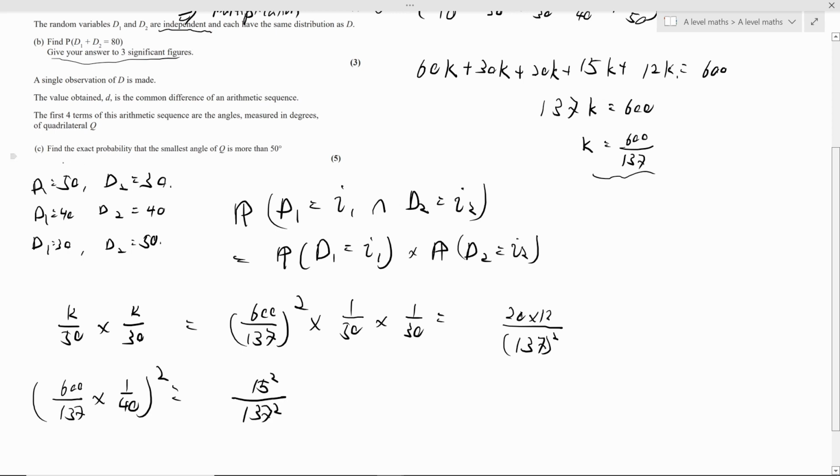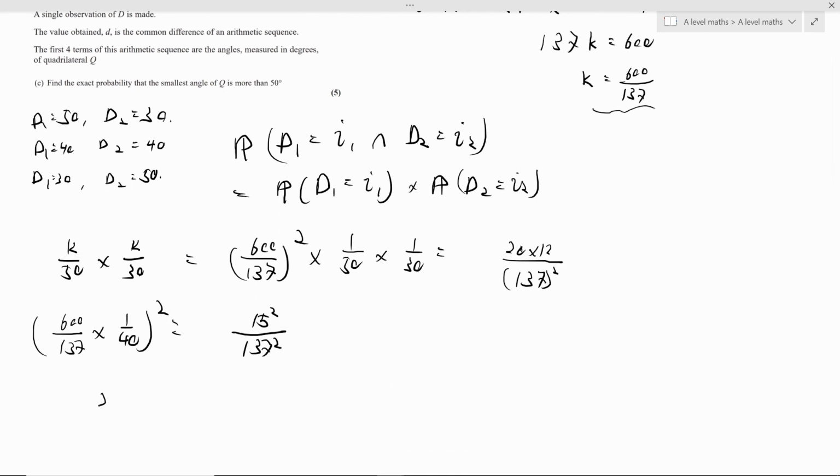So the total probability of these 3 events happening is twice 20 times 12 over 137 squared plus 15 squared over 137 squared.